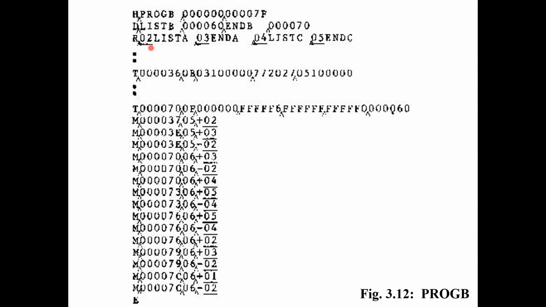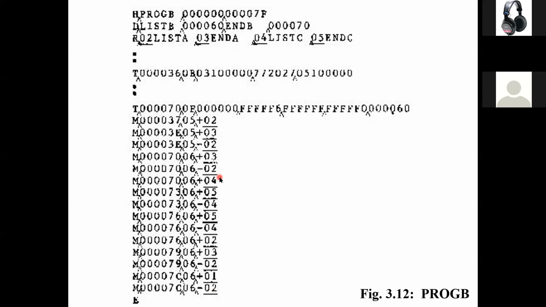And now we'll use 2, because that'll be the first symbol we encounter, in this case list A, which was now in the other control section, not unique to this one. But here's the mapping between 2 and list A, but we're only going to use the unique reference number instead of the symbol name here in the modification record, so that when the loader's doing the search, it can do it by the number and not have to do it by the string or array of characters.